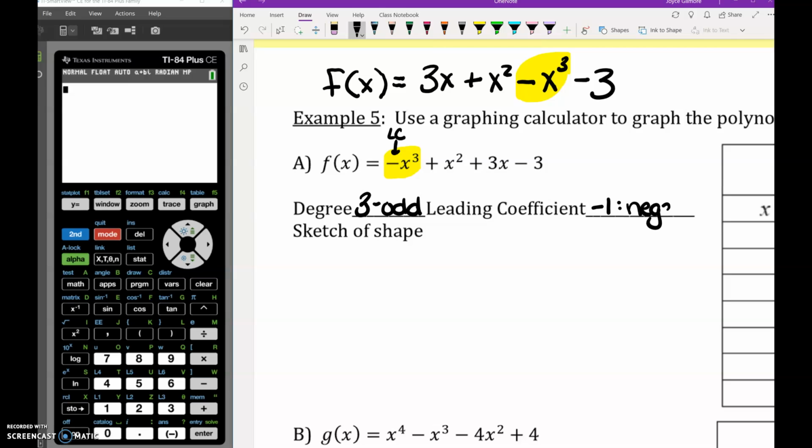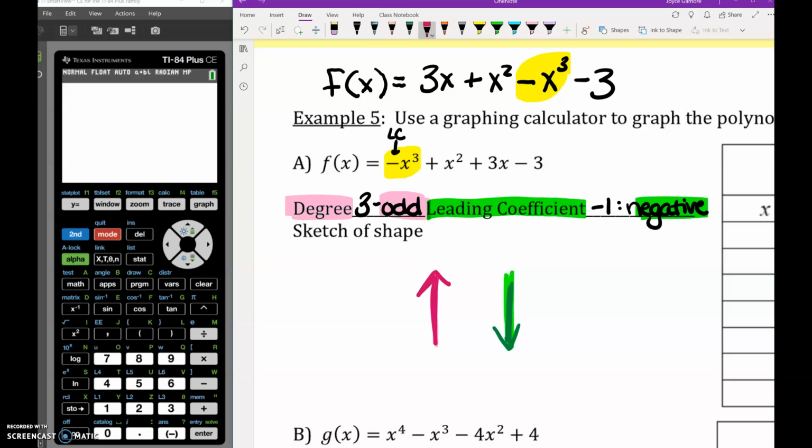That is a negative number. If our leading coefficient is negative, that means the right side of the graph is going to point down. When the degree is odd, what does that mean about the left side of the graph? Odd opposite, it's going to point up.